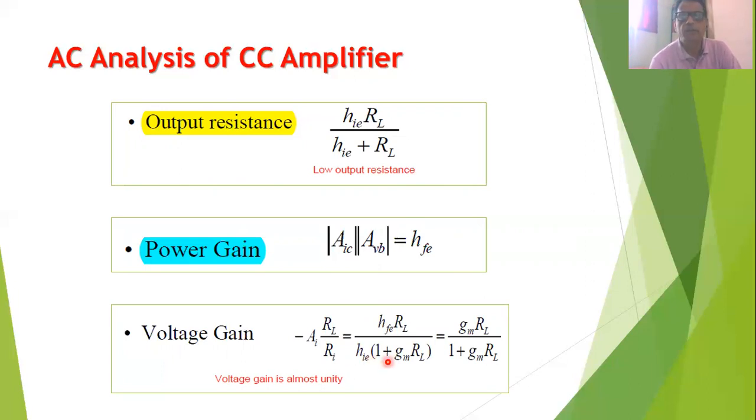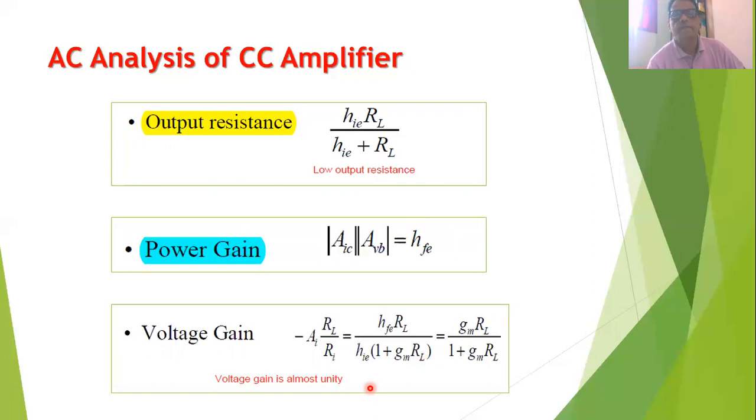So this is nothing but GM into RL divided by 1 plus GM into RL. So again, in this relation also, you will find that the numerator and denominator are almost the same, and therefore we can say that the voltage gain of this common collector amplifier is equal to 1 or unity.